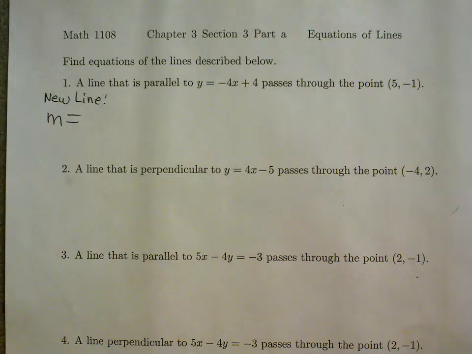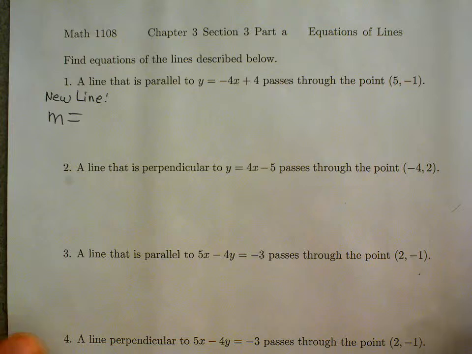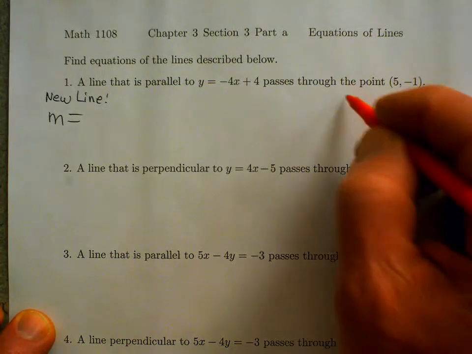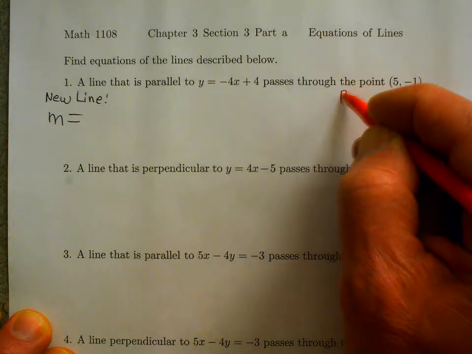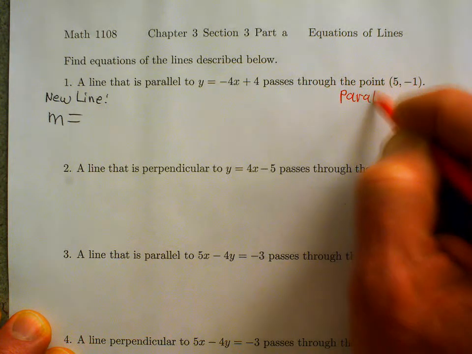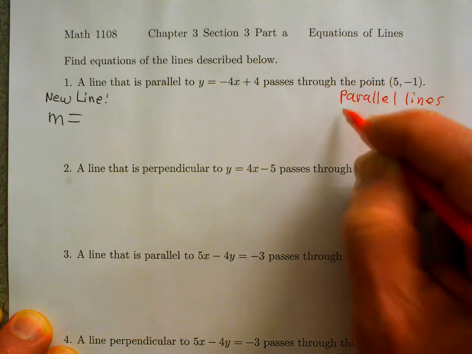If two lines are parallel, what do we know about them? They have the same slope. So I'll write that down over here as a reminder: parallel lines have the same slope.